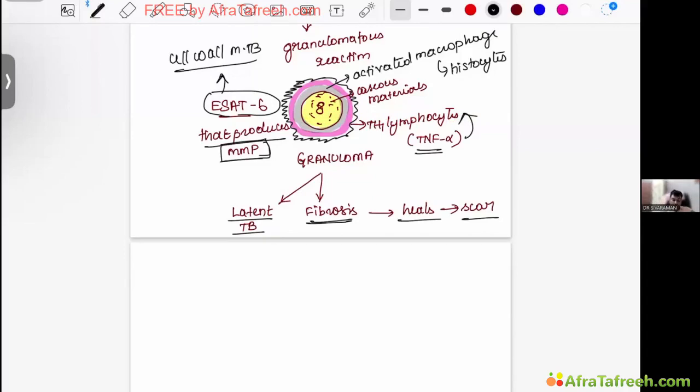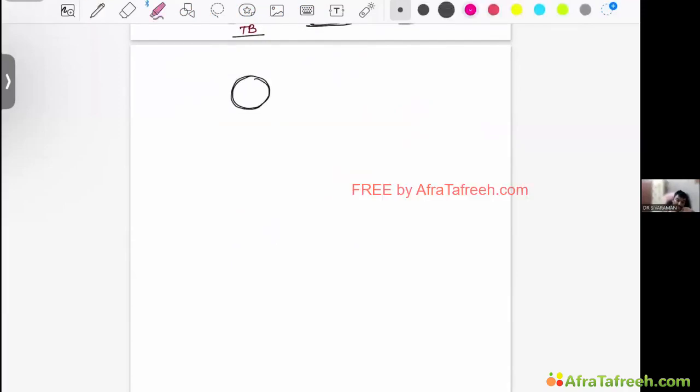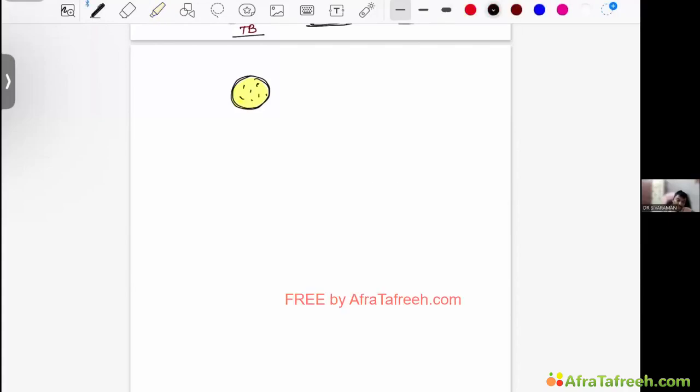This granuloma formation is aided by ESAT6, which is in the TB bacilli cell wall. Okay. So this is about your pathophysiology. Now what happens? This TB bacilli, which is contained in the cavity of your lung, will enter into the blood vessel.